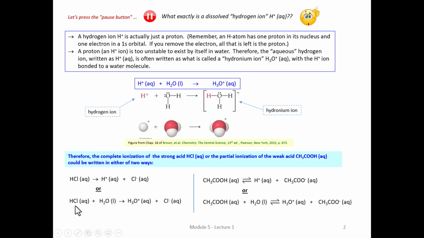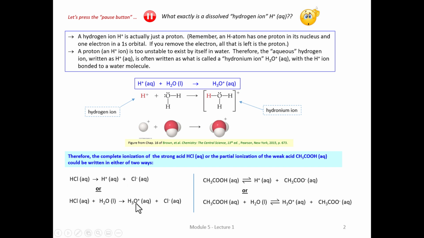HCl produces a hydrogen ion, that hydrogen ion interacts with water to produce a hydronium ion, and what's left is a chloride ion. These two equations mean the same thing, and the only difference is whether or not we're going to write the hydrogen ion as an H+ or as a hydronium ion.